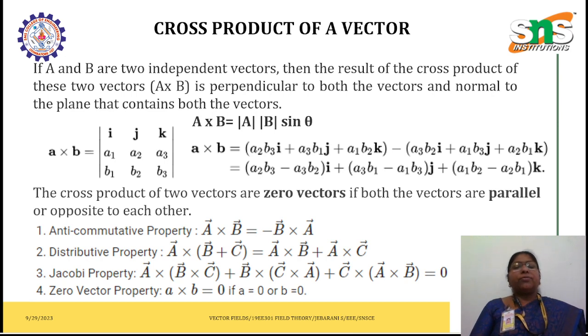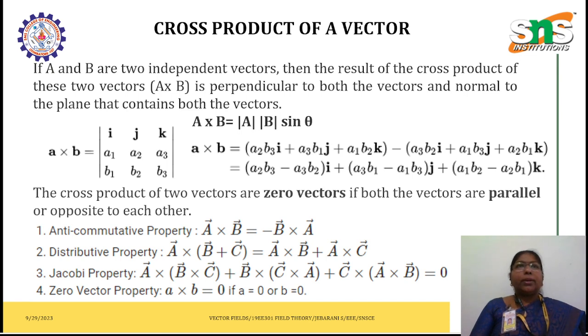the properties of the cross product of vectors, it has the anti-commutative property. Normally we say it obeys the commutative law. Here it is anti, because when I go with A cross B, it would be equal to B cross A, but here it is anti, so automatically it is minus B cross A. Then it obeys the distributive law also, and it has the zero vector property.